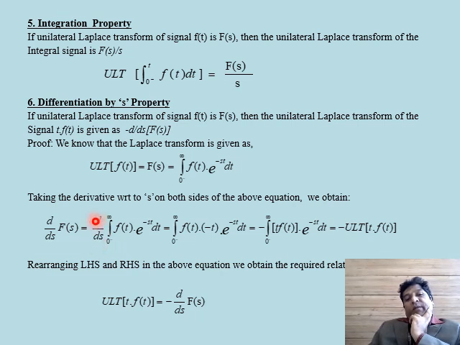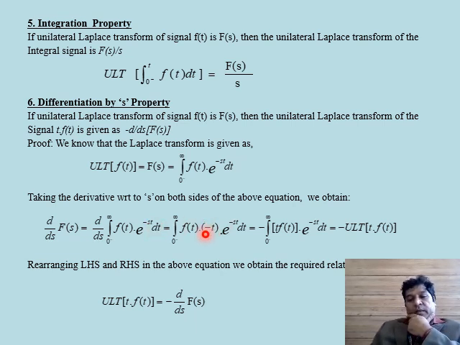So when you take the derivative with respect to s, the integral and f(t) and dt will be constant, and the integral of f(t) dt will come out, and the derivative will only apply on e^(-st), whose derivative will be e^(-st), and now the derivative is with respect to s, so the constant that will come out will be minus t.